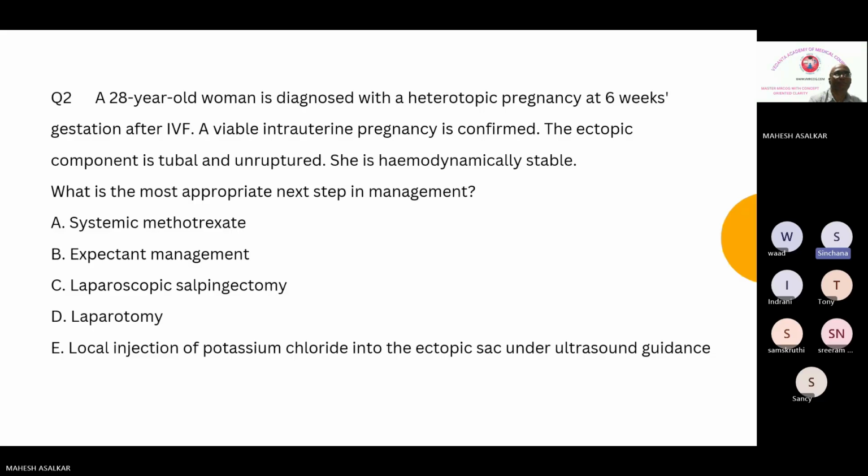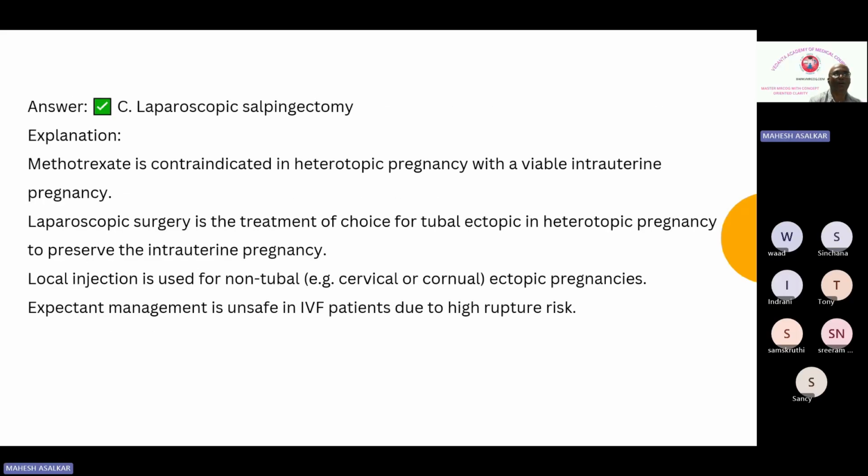D. Laparotomy. E. Local injection of potassium chloride into the ectopic sac under ultrasound guidance. It is salpingectomy, sir, because she has a viable intrauterine pregnancy. Yes, that is going to be a more suitable option, laparoscopic salpingectomy.